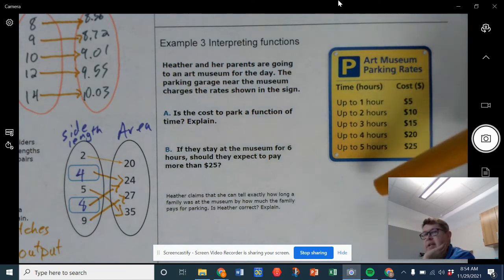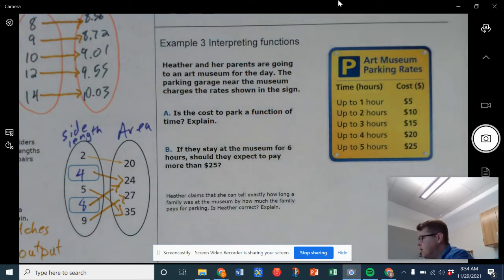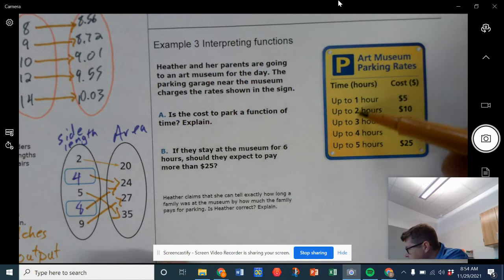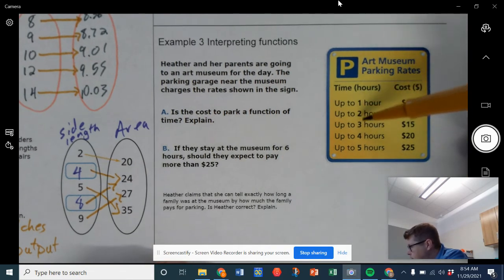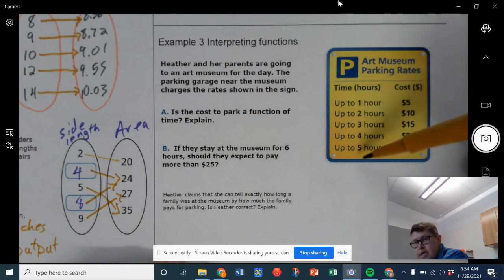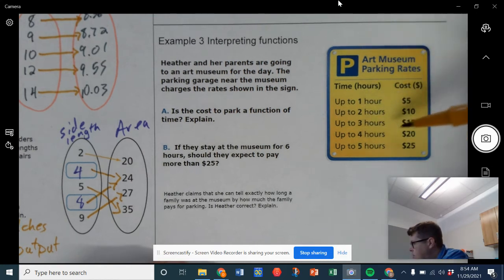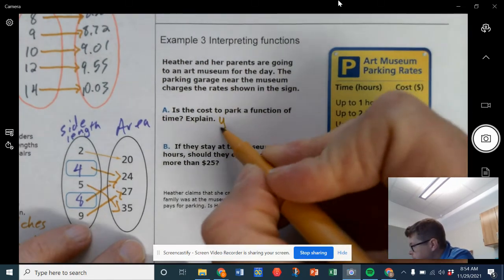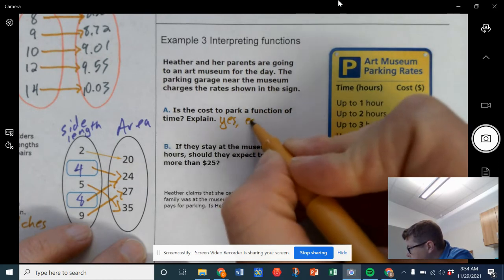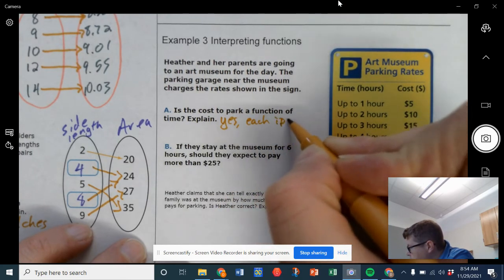If they have that repeat of x values, it is not a function. So these are inputs here for our time. These are outputs for the cost, right? So 1, 2, 3, 4, 5. Those are all distinct and unique x values. And they each correspond to one y value. So yes, each input has one y value.